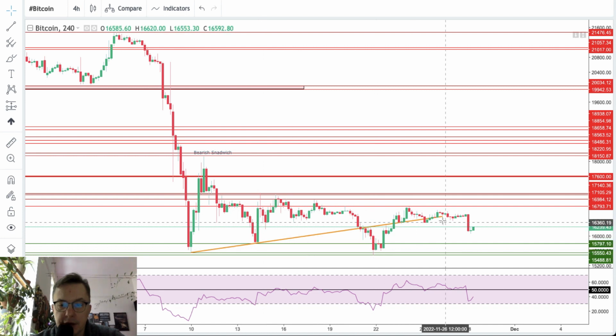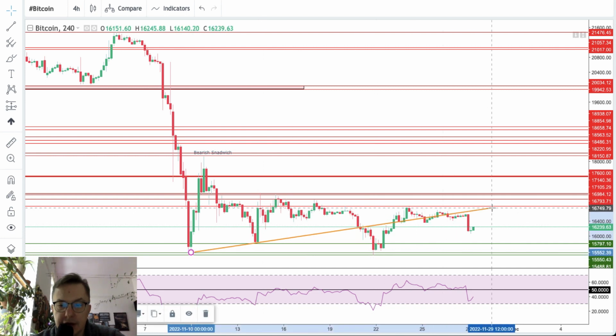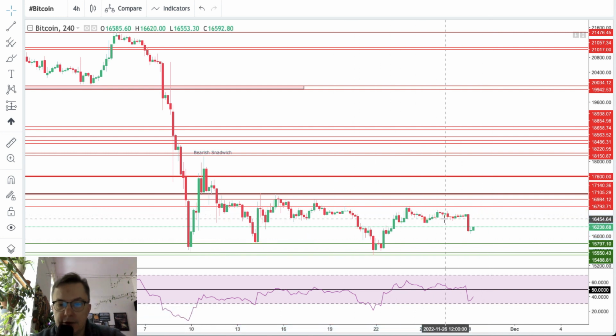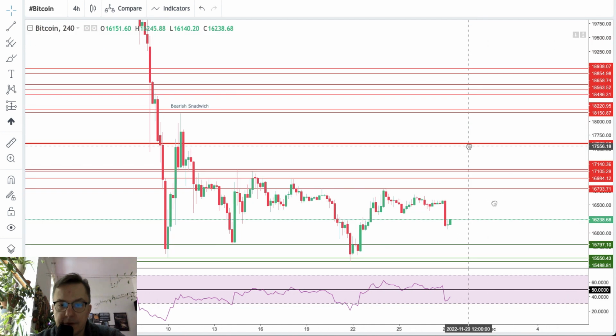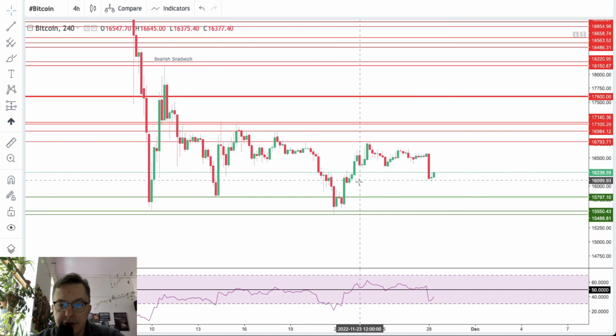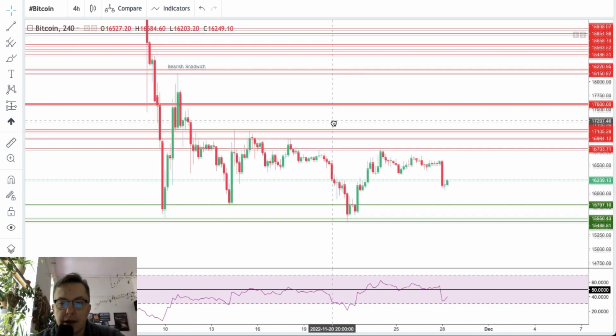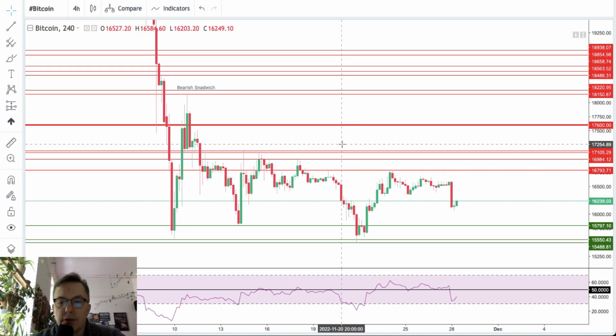We made a new yearly low. This trend line, as you can see, has been used, but right now I don't think we should place it on the screen anymore. The market is trading in a very narrow range, occasionally making new lows. No indication of a bullish movement at all on this market on a 4-hour chart, on a daily time frame chart.